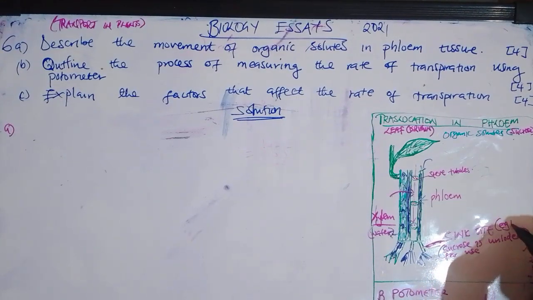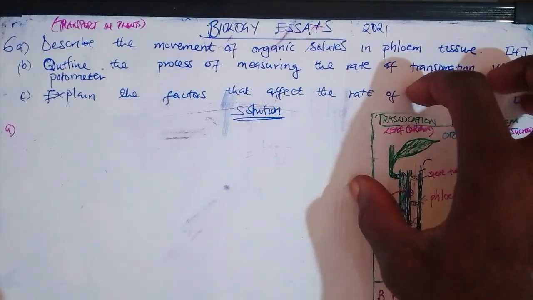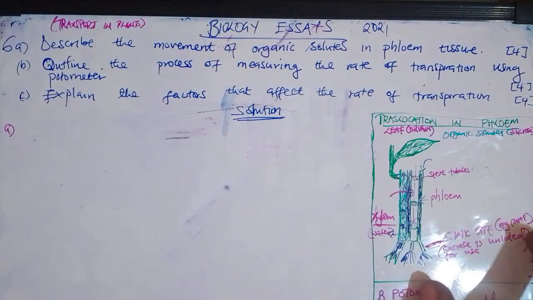E.g. we have roots. Then here we have the origin, as I said. Then once the food reaches the sink site, the water now returns to the xylem.